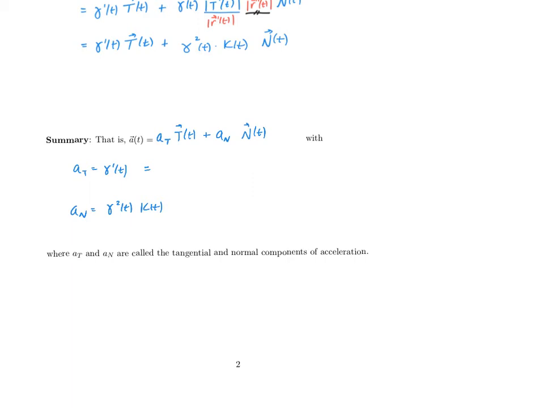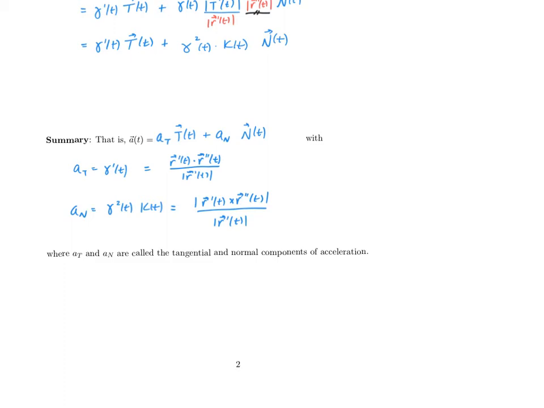a sub T is r prime dotted with r double prime divided by the magnitude of r prime. And a sub N would be the magnitude of r prime crossed with r double prime divided by the magnitude of r prime.